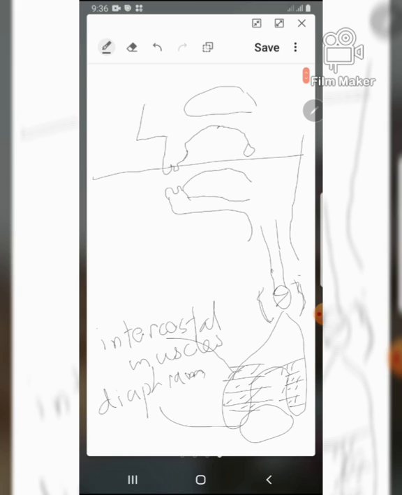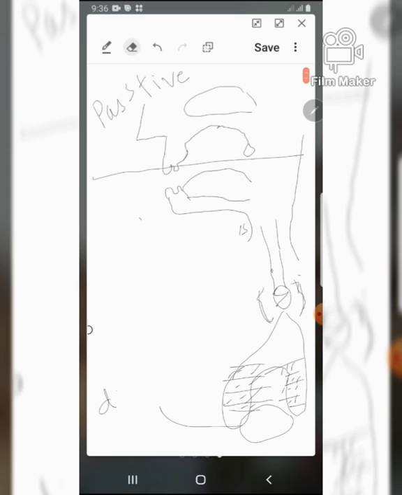So all the organs in the lower jaw are called active articulators, and all the upper ones are passive articulators.